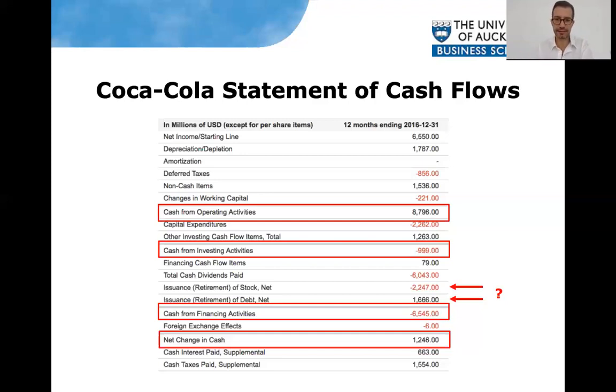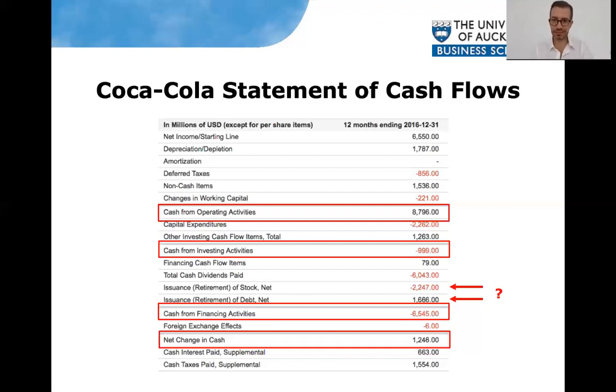Then you can see here that they had almost $1 billion negative cash from investing activities. So in this case, they have spent $2.2 billion in capital expenditures. So for example, they might have bought other companies, they might have acquired other companies, they might have built a warehouse or a factory to produce drinks.